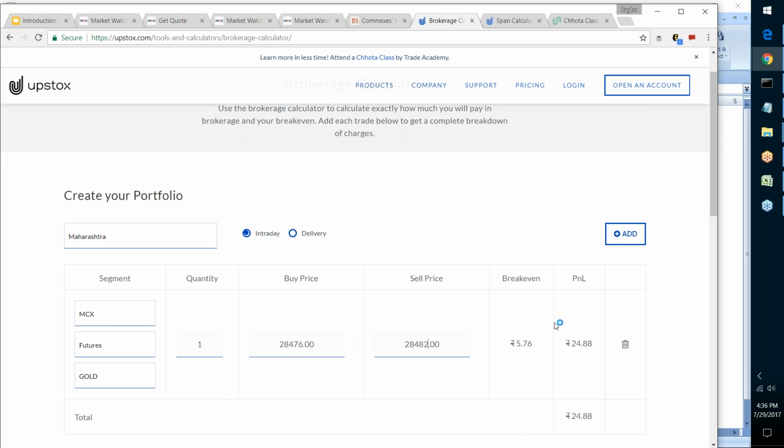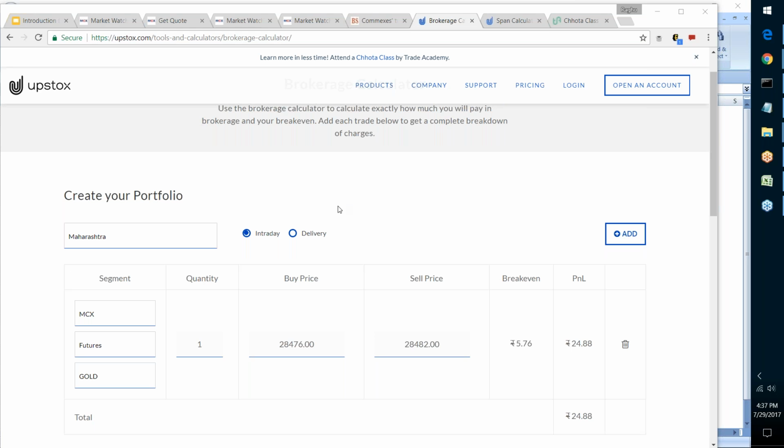And if I make it 28482, I'm making money, because it's 6 ticks above my buy price. Ashish is saying that means 10 rupees per tick. Yes, that's exactly right, Ashish. So for gold mini, it's going to be 10 rupees per tick. That's exactly right.